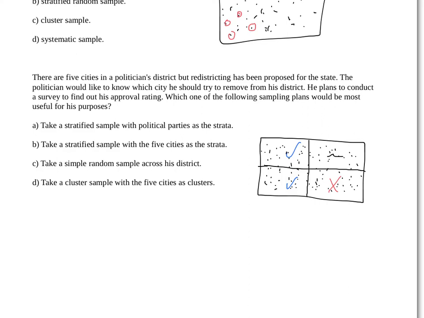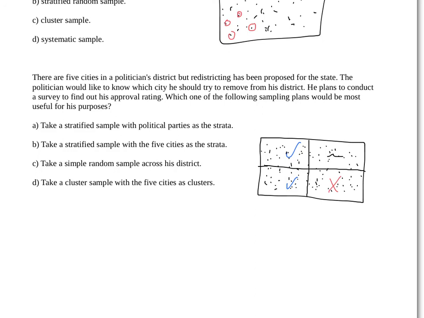So if he decided to do cluster sampling, he might select this cluster and this cluster, and then he would only perform simple random sampling within these 2 cities, completely ignoring these 2 cities, right? So that's the difference. In a cluster sample, you want your groups to be more or less representative of the population, and you're only going to take a few of those groups and sample within them.